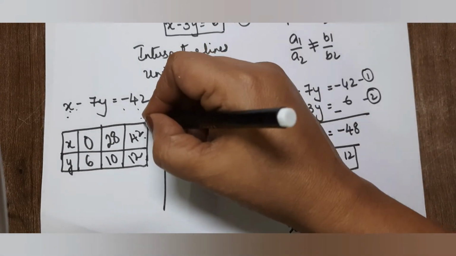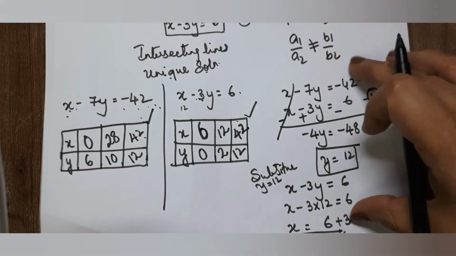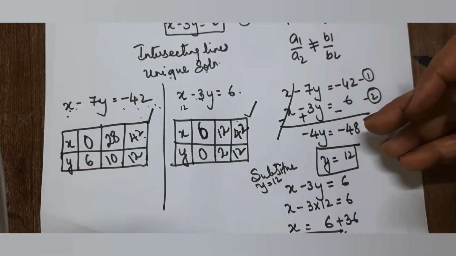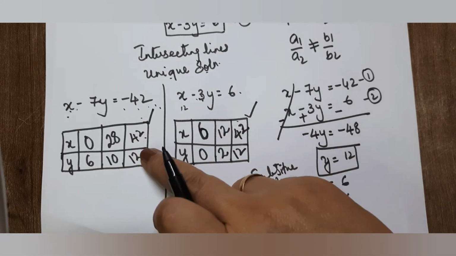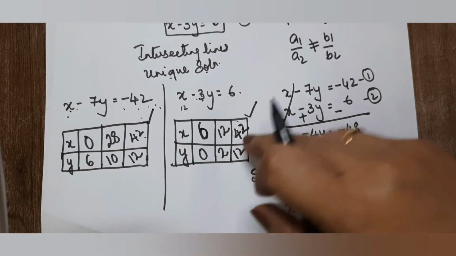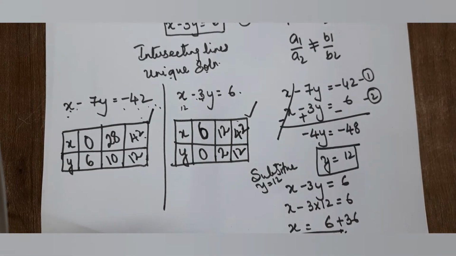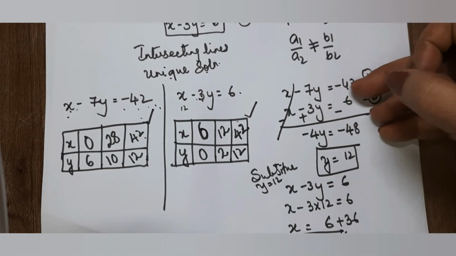See, this is the main point. Without doing this verification or solving, you will never come to know these are the points, and you'll end up taking only 0, 1, 2, 3, and 42 lies somewhere outside the page. So do make sure that if it is a unique solution, this will help you out.